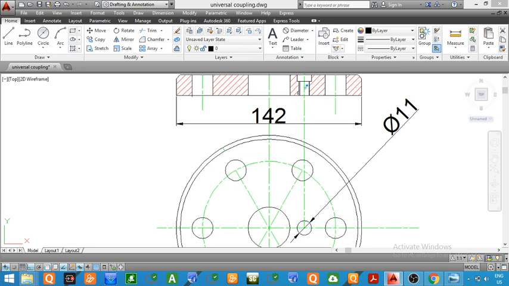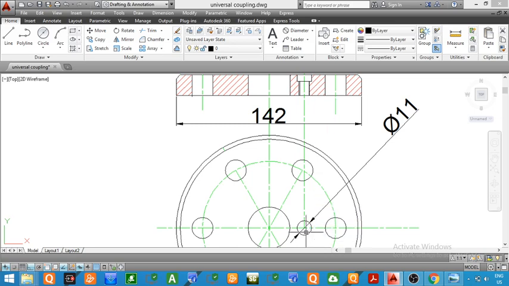Now in the next step we will show the internal threading which is present in the lower part of the hole. The major diameter of the internal thread was equal to 16 mm, whereas the minor diameter was equal to 14. So instead of taking 16 and 14, we have taken 8 and 7. Half of 16 is 8 and half of 14 is 7 because of the reduced scale. So now here we have to draw two circles.